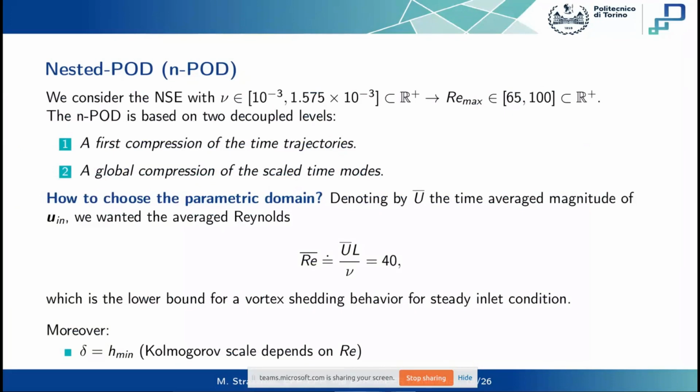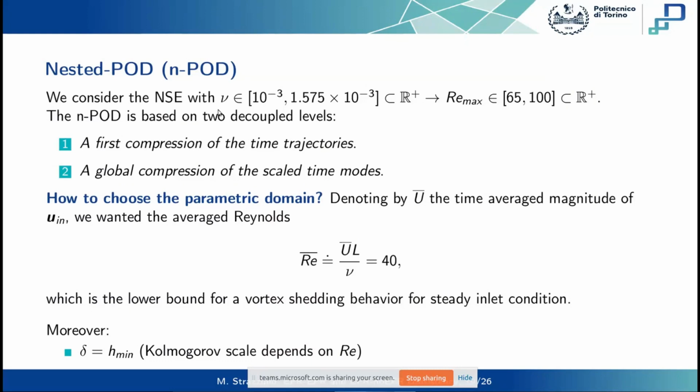It means that basically you take a lot of time trajectories for several parameters, and you compress each time trajectory. Once you have compressed each time trajectory, you have a set of modes for each time trajectory, and you compress all this information that was already compressed once again, in order to achieve a global compression for your problem.